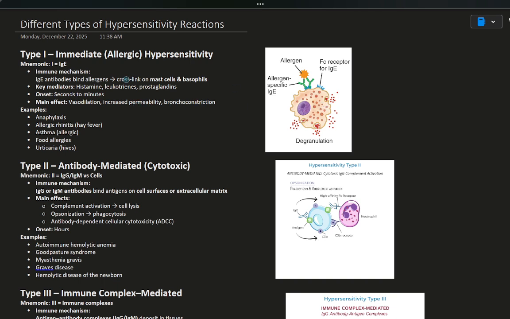Now, the onset of this reaction can happen from seconds to minutes, so it is very quick. That is why it is called immediate hypersensitivity. So some classic examples of reactions associated with type 1 hypersensitivity include anaphylaxis, which is a severe form of allergy, allergic rhinitis, also known as hay fever, asthma, food allergies, and urticaria, also known as hives.